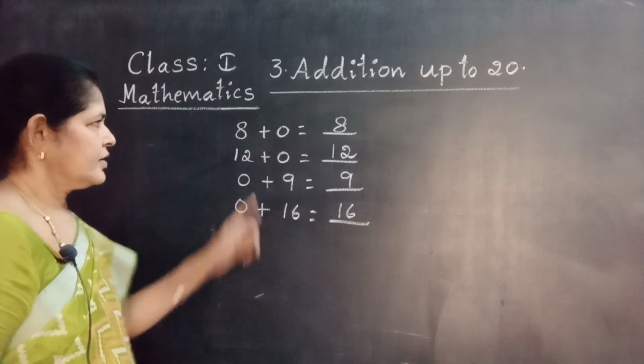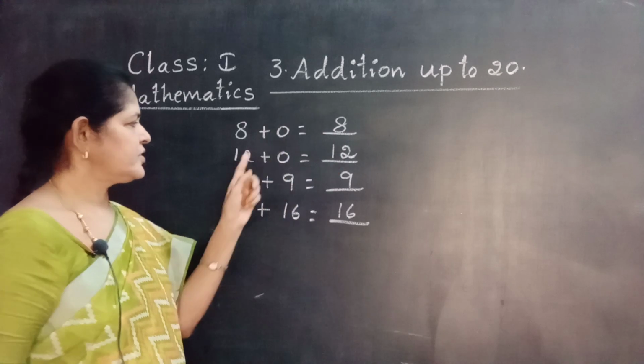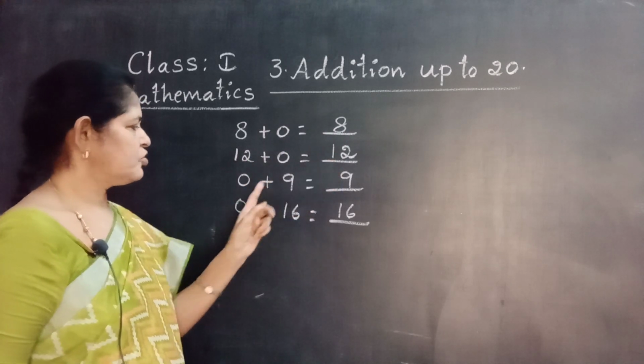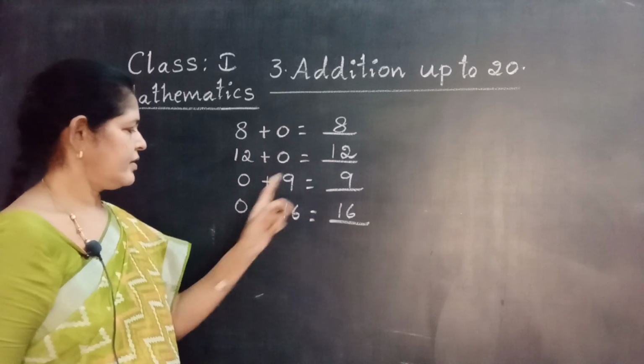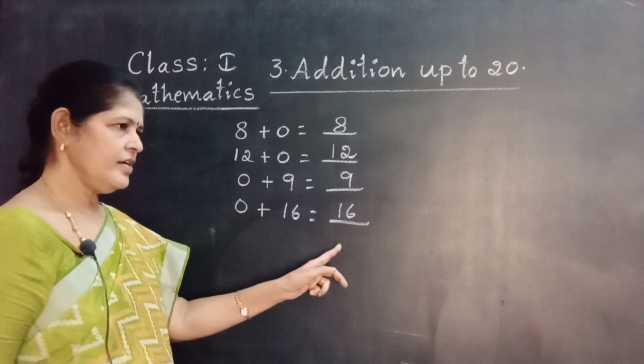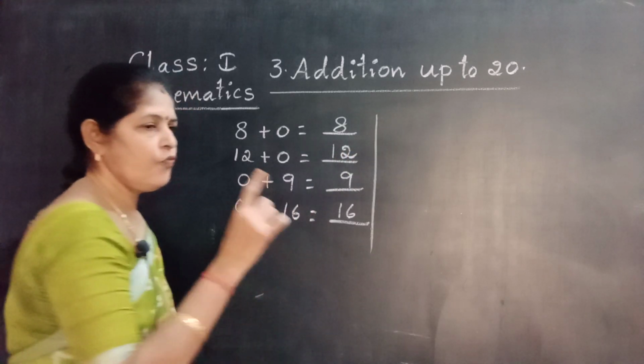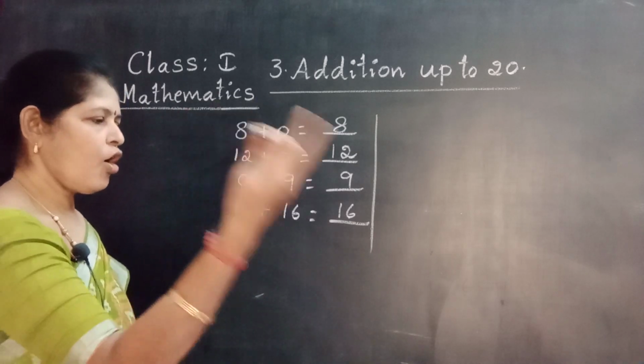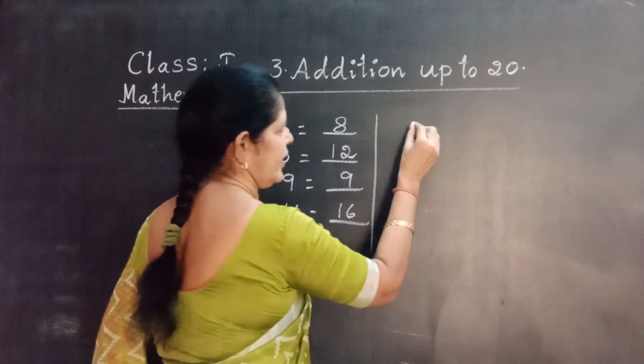Okay? 8 plus 0, 8. 12 plus 0, 12. 0 plus 9, 9. 0 plus 16, 16.